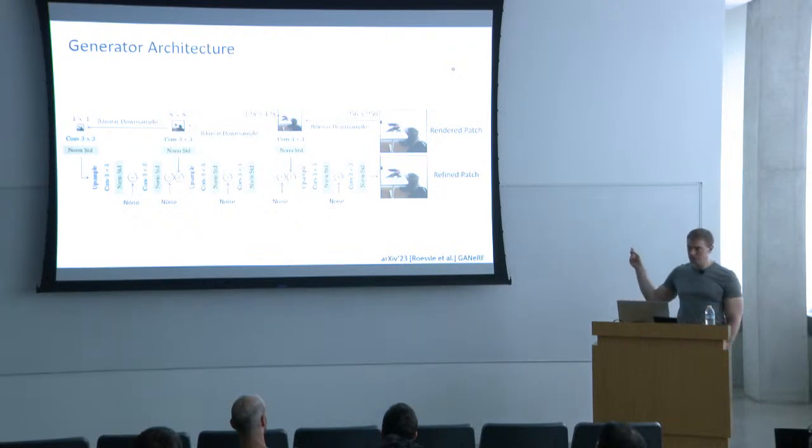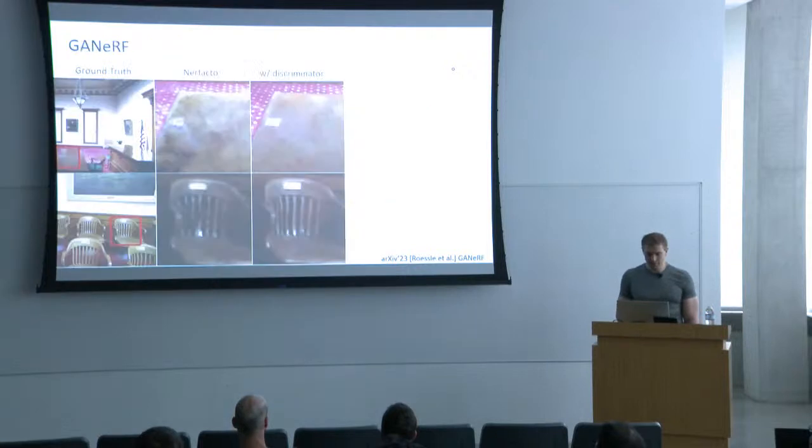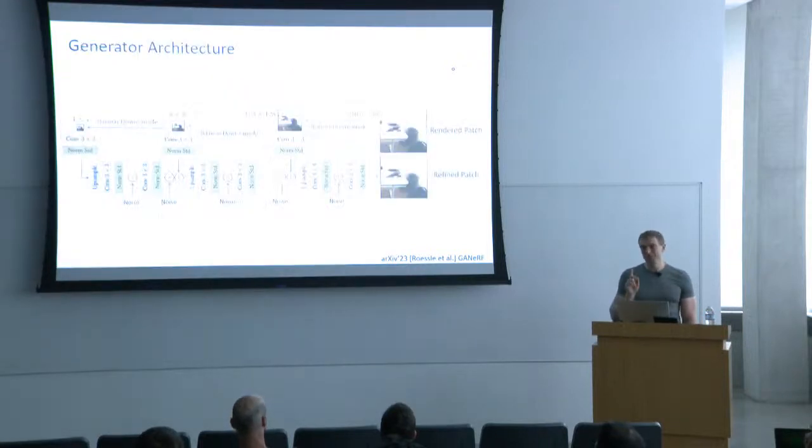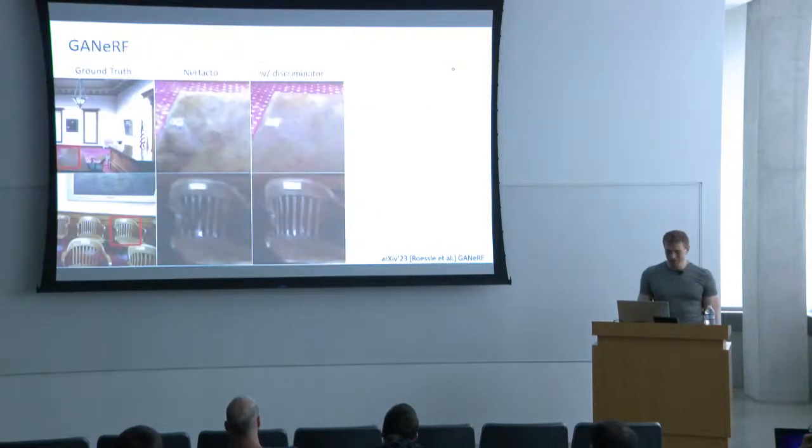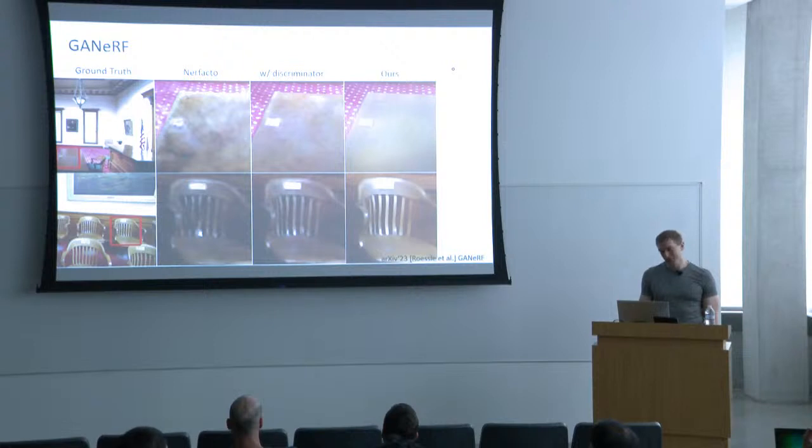Without this multi-resolution, it didn't work at all. The training was easy, actually. It was not so easy to find the right architectures and hyperparameters. But once you have the right hyperparameters, it works pretty much on any scene. This is kind of funny, but this is how GANs go, I guess. Okay, with the discriminator, it looks like that. And then at the end, it looks like that. So it still adds quite a bit more fidelity here.